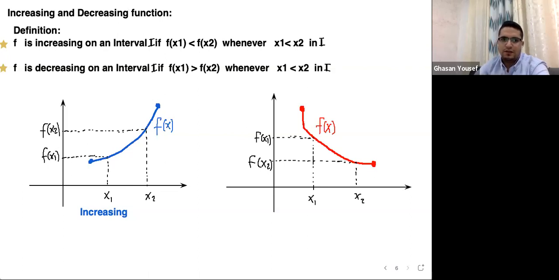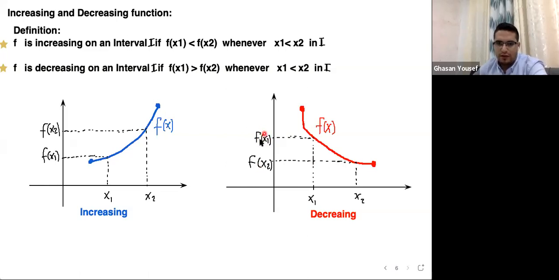But the second function is decreasing. Why? Because x2 is greater than x1, but f of x2 is less than f of x1.